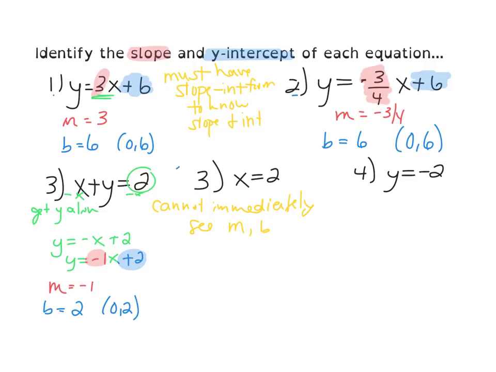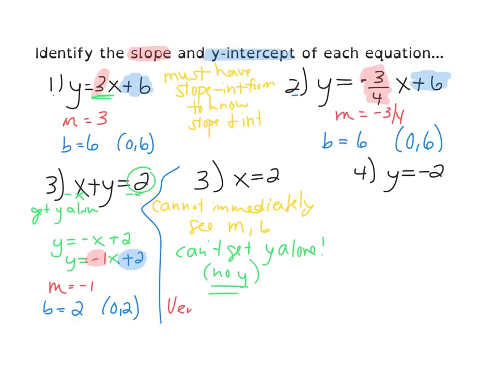Now, for the other number 3, there's no way that we're ever going to be able to get y alone, because there is no y. And if there is no y, we must recognize that this is a vertical line. For a vertical line, the slope is undefined.